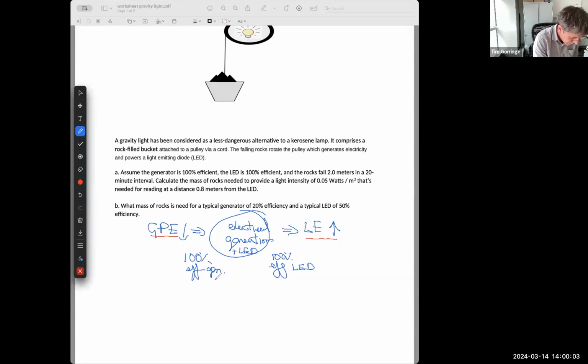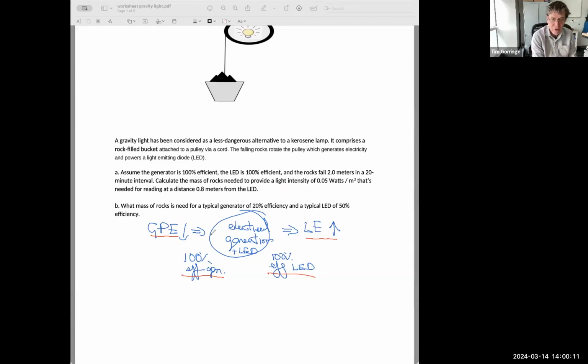Now, in the first step in this calculation, I'm going to assume that the generator converts motion energy into electrical energy 100% efficiently. And I'm also going to assume that the light emitting diode, LED, converts electrical energy into light energy with 100% efficiency.